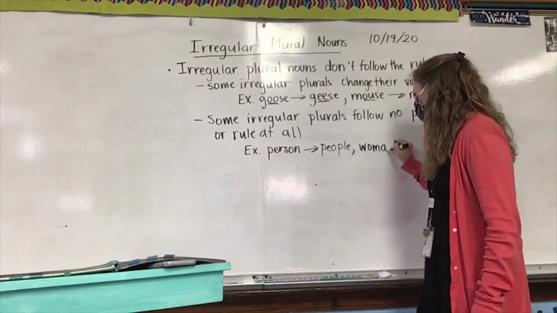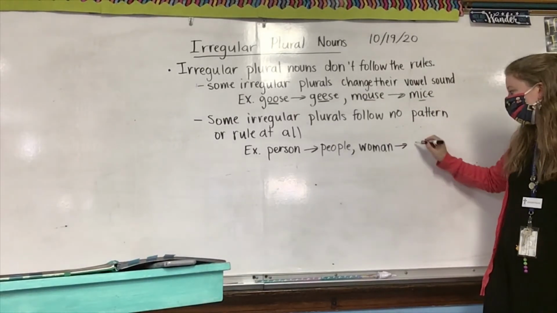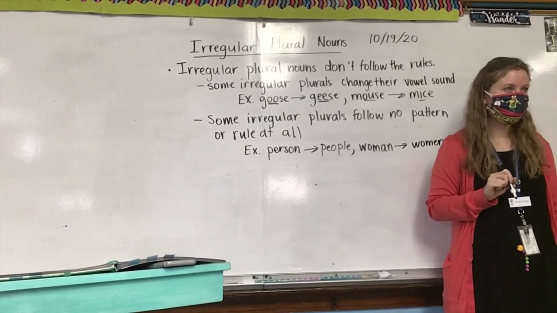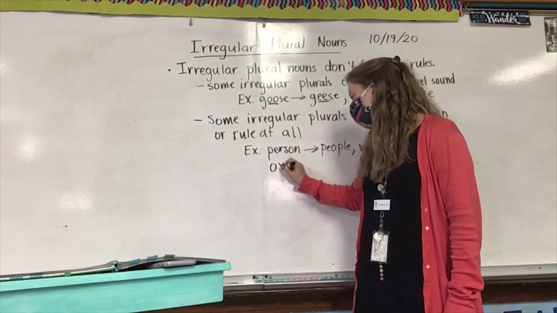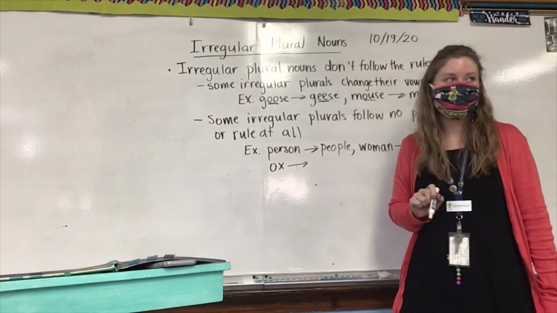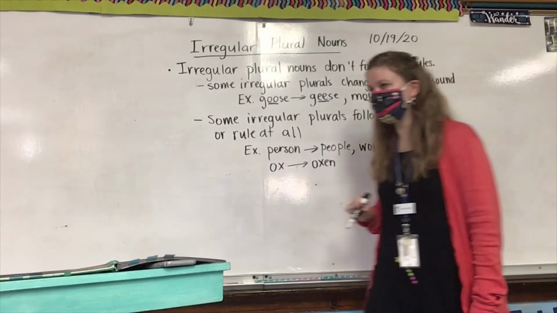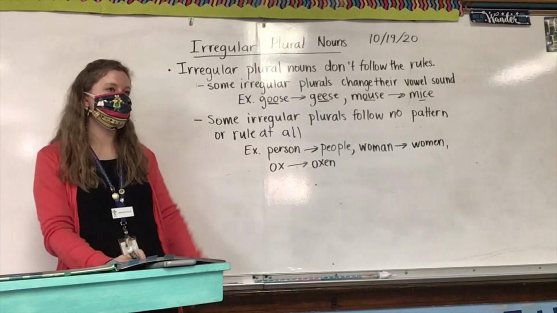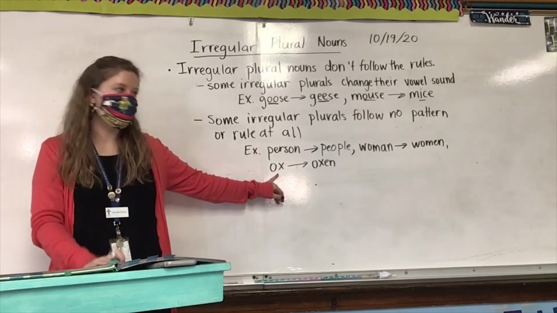Woman is not woman's. It becomes women. Now this is a really weird one. Ox becomes oxen. So you wouldn't say 6 oxes, you know, like the animal ox. You wouldn't say 6 oxes, you would say 6 oxen.